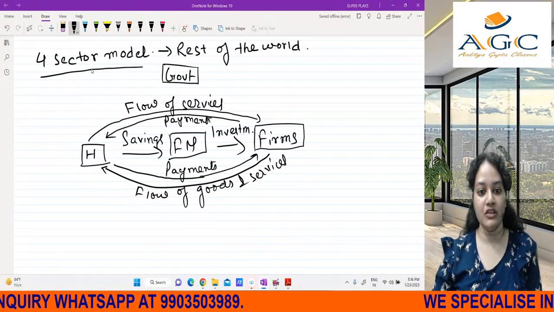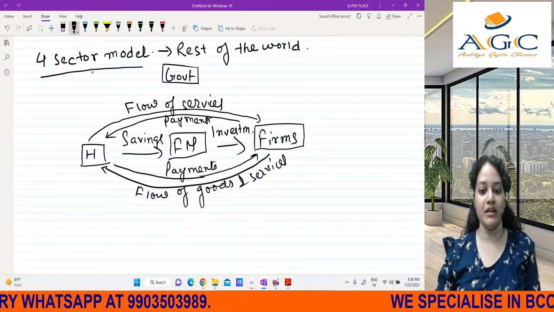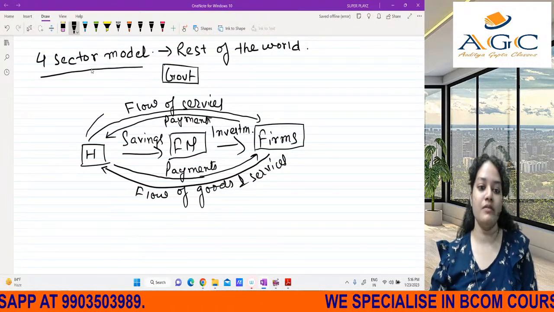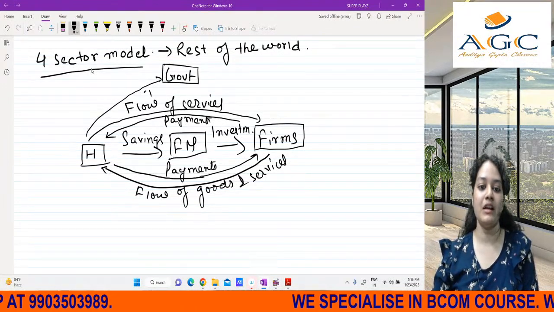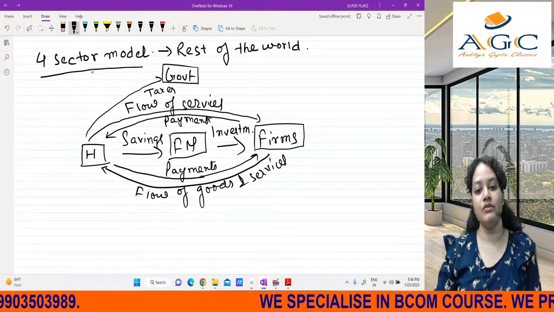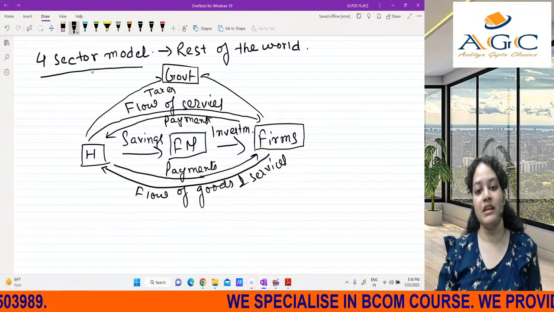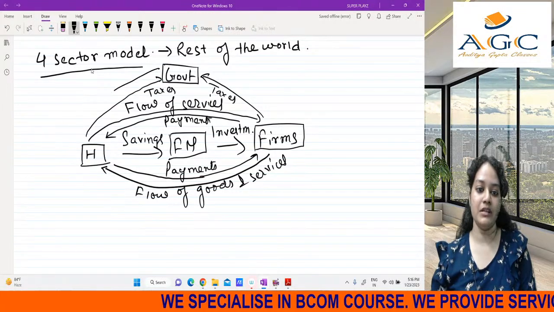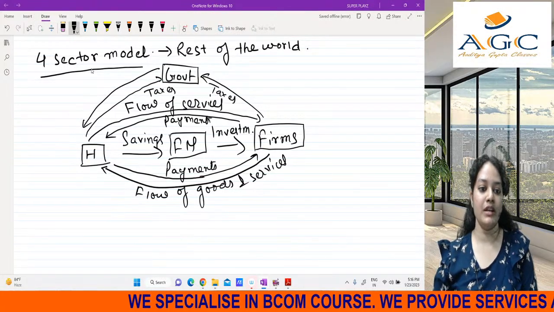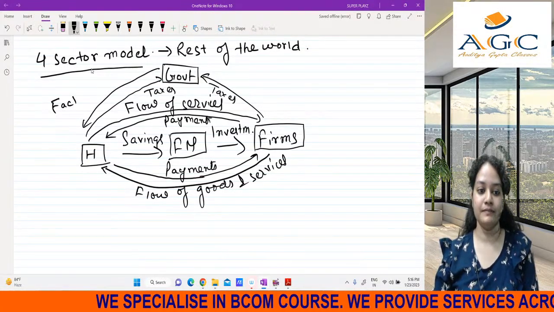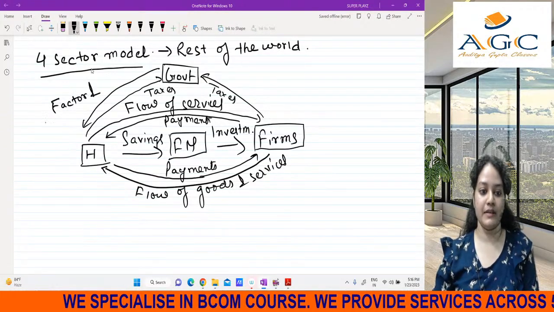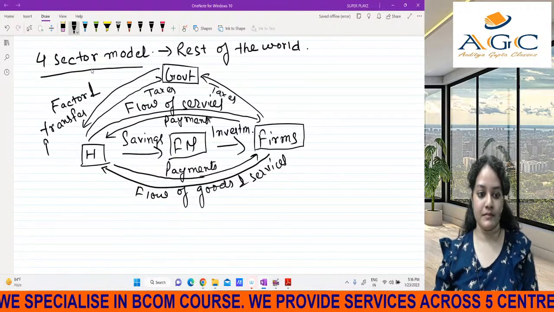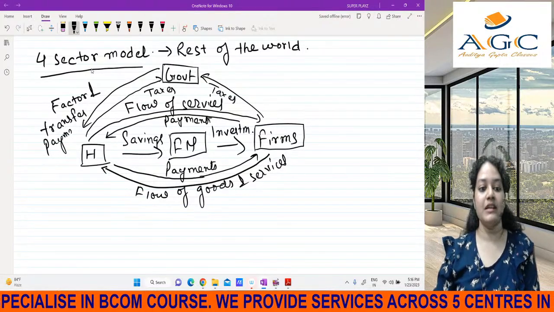Now, we have completed the two sector model here with savings and investment. Now, to the government sector, what is happening? We are paying our tax. Both the households as well as the firms, we are paying tax, and from the government to the household, factor payments and transfer payments. Right?